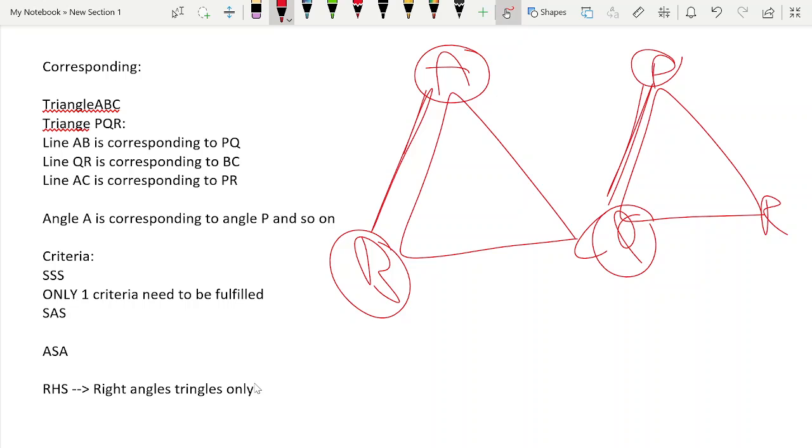So they both correspond to each other. Same with the angle: angle A corresponds to angle P. So if you've got angle A, then we are talking about angle P.